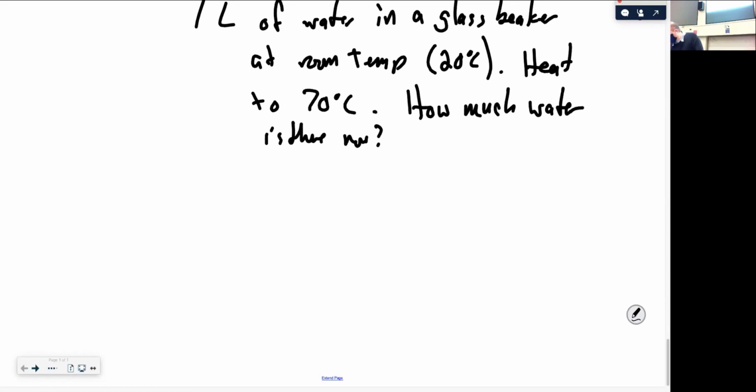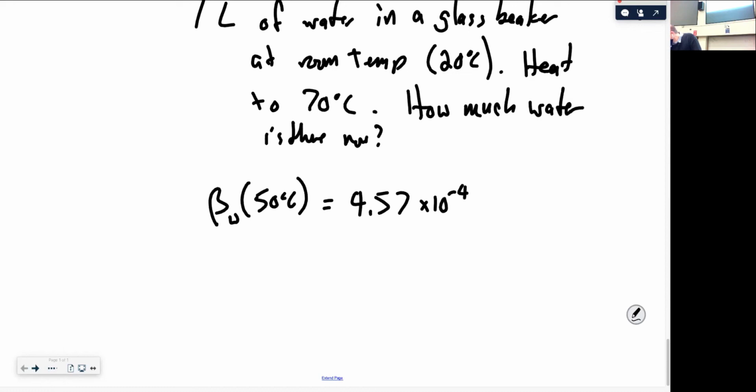Okay, so we need to know what beta is for water. And the beta at 50 degrees Celsius, which is about halfway in between, so it's not a bad value to use for water, is, I'll say B water, equals 4.57 times 10 to the negative 4 inverse kelvins.